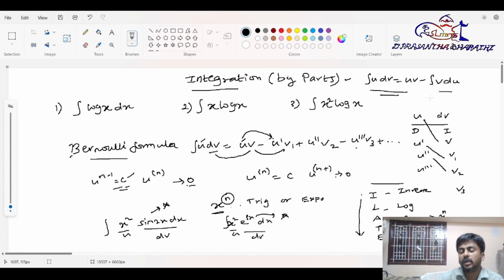If an integral still exists after applying integration by parts one time, you have to go for integration once again. You can stop when there is no integral term left on the right-hand side.